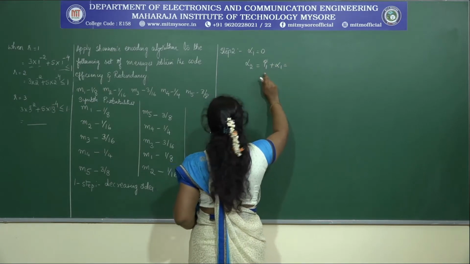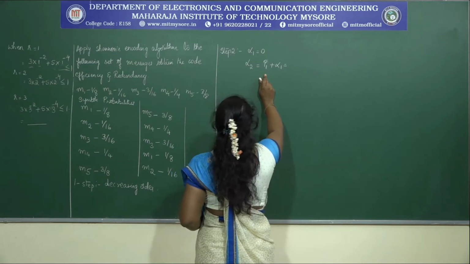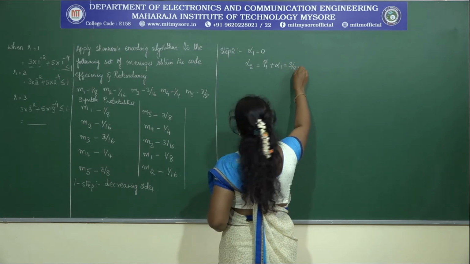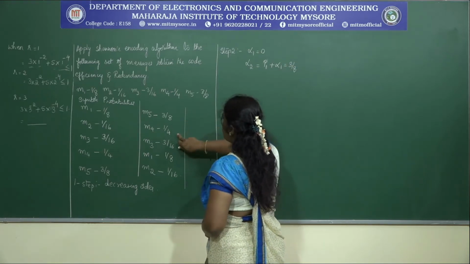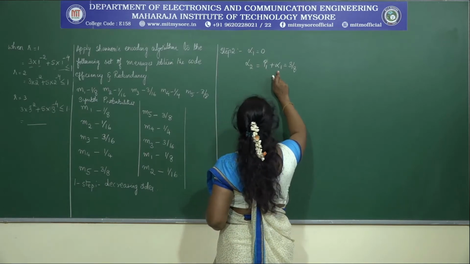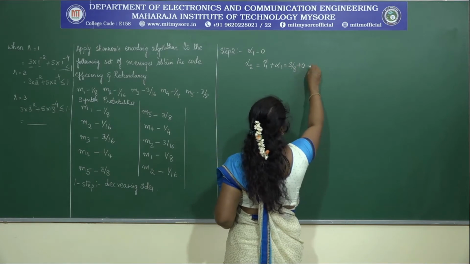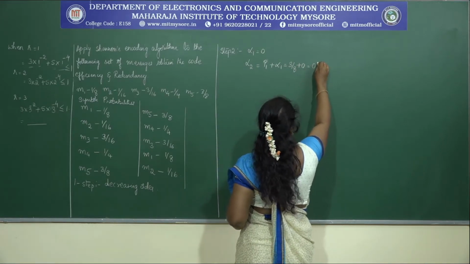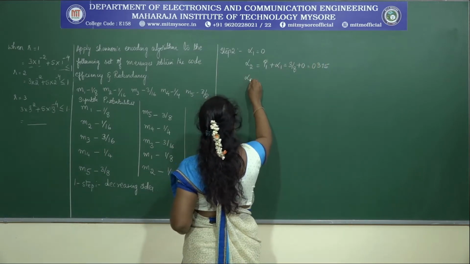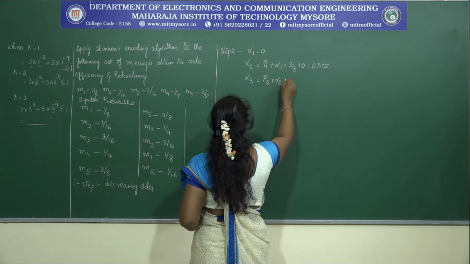The probability P1 is 3 by 8, and alpha 1 is 0, so 3 by 8 is 0.375. Next, alpha 3 is P2 plus alpha 2.